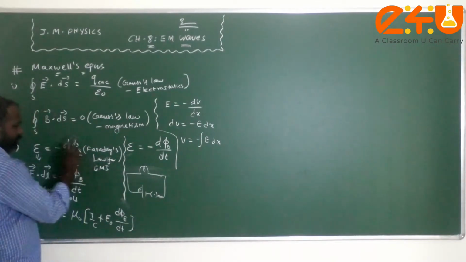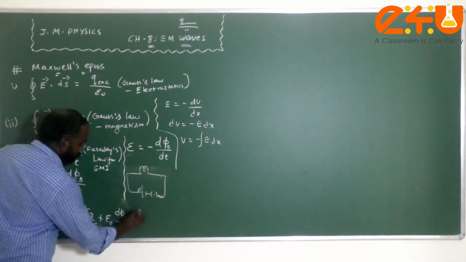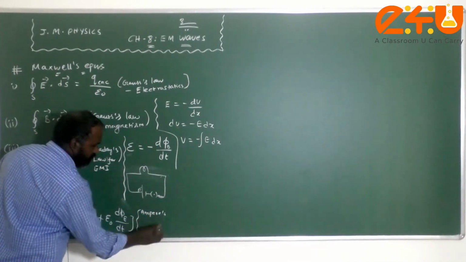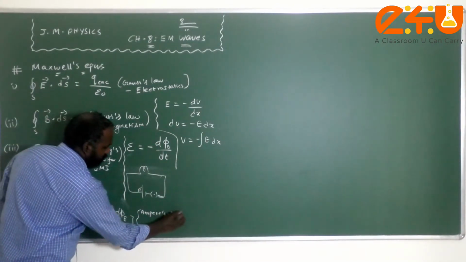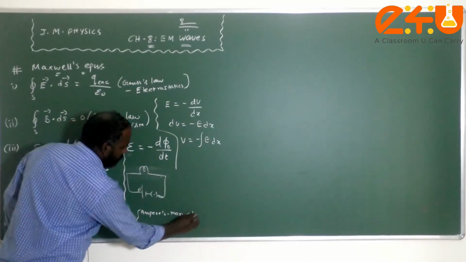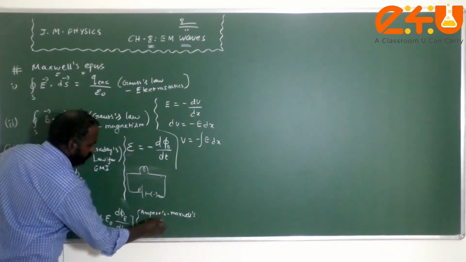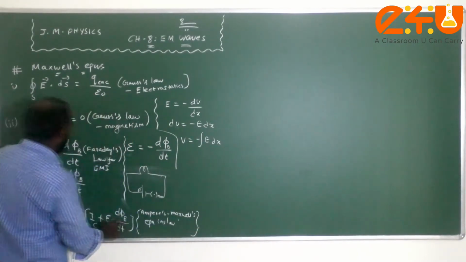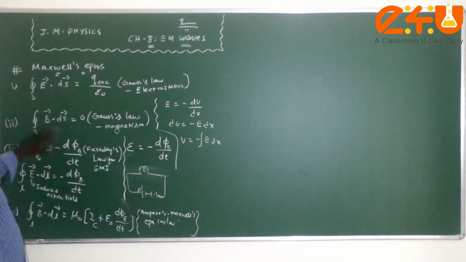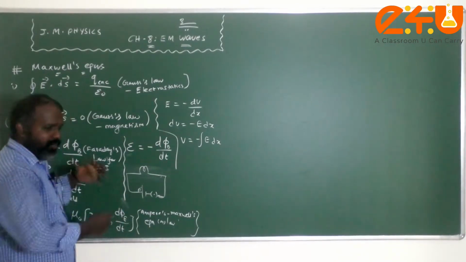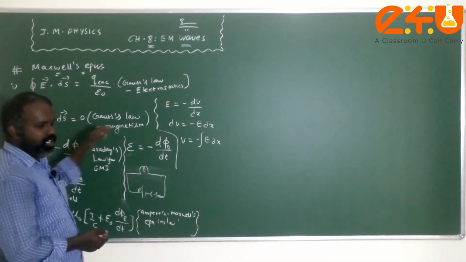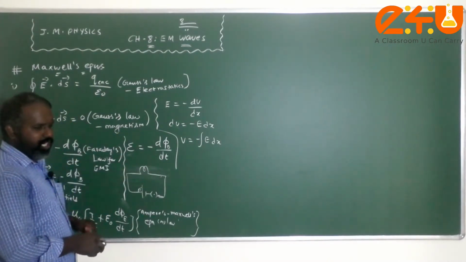So this is Faraday's law for EMI, and this is Ampere-Maxwell's equation or law, we can say either equation or law. The group of these four equations is generally called Maxwell's equations, which give a very strong relation between electricity and magnetism.